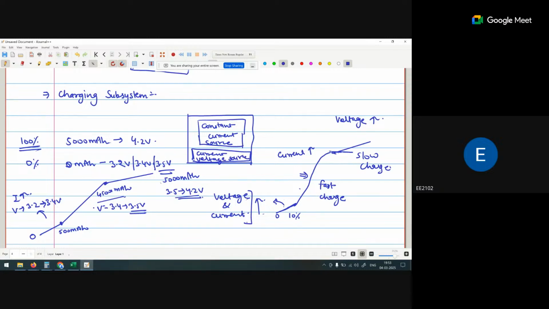So the constant current will be provided by the constant current source unit, and constant voltage will be provided by the constant voltage source. And with the help of this one, we are taking one battery positive terminal and one battery negative.